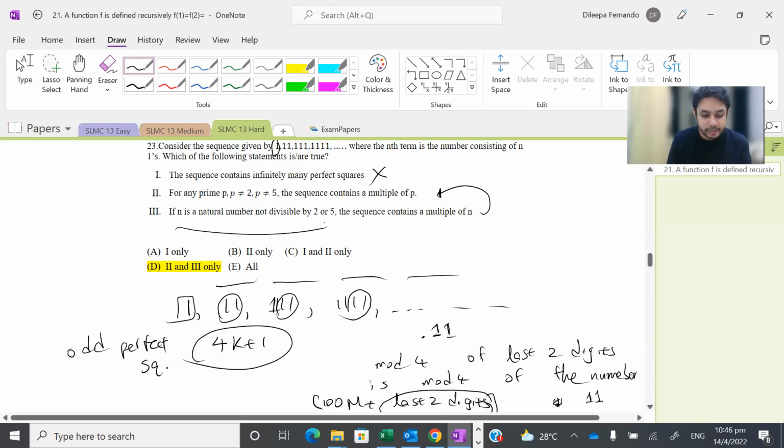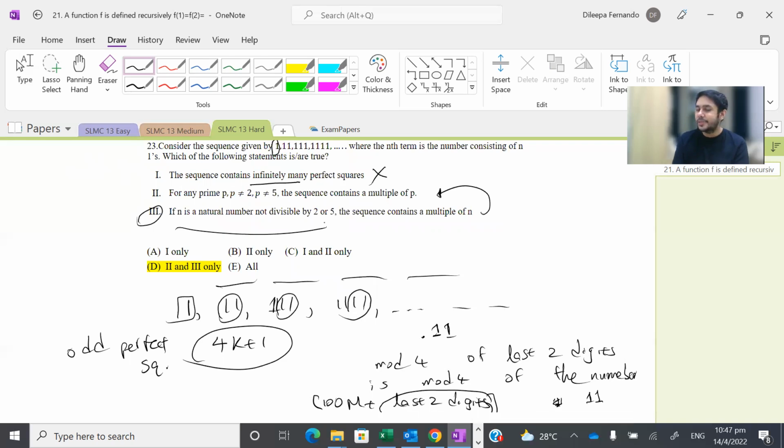So what is said here is: if n is a natural number not divisible by 2 or 5. This gives some hint, because if you observe correctly, the difference between any two terms is divisible by 10, and 2 and 5 are factors of 10.